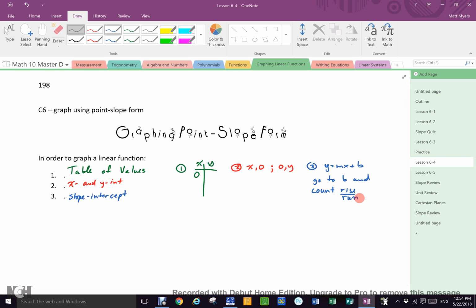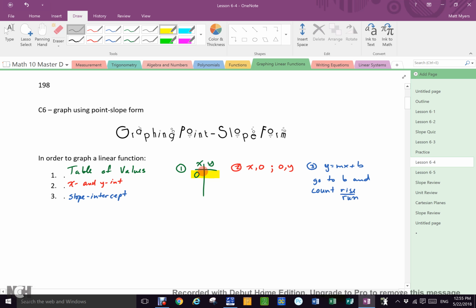Sure. Now, what is the same in all 3 methods that you already know? Eric. X's and Y's. Is there anything specific about those X's and Y's that we used in all 3? There's got to be something specific about it. Yeah, there is something specific. What did you use there? X was 0, which means it's what?